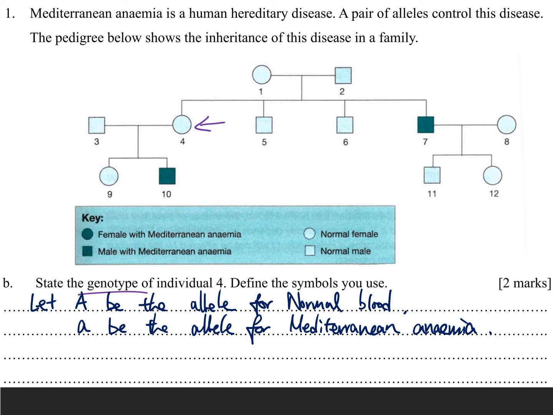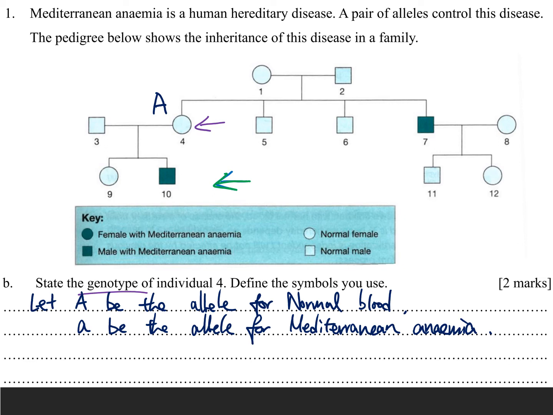And then let's take a look at the genotype of individual 4. In order to know that, we have to first take a look at the phenotype of it. The phenotype of it is normal. So this individual 4 must have at least one allele for normal, right? What is the other allele inside individual 4? To answer that, you must also take a look at the offspring. For offspring number 10 in here, he is a Mediterranean anemia patient.